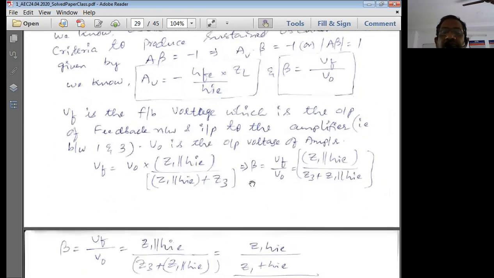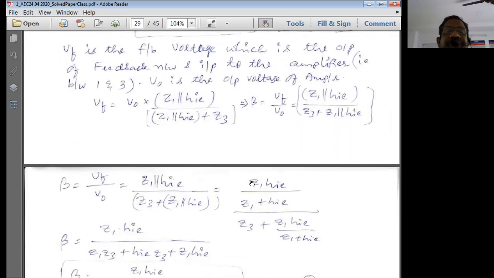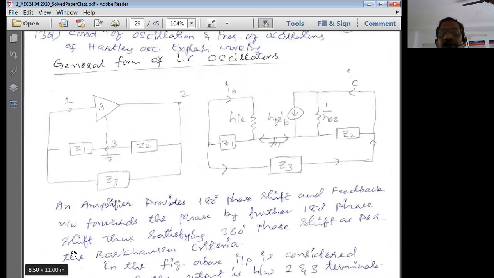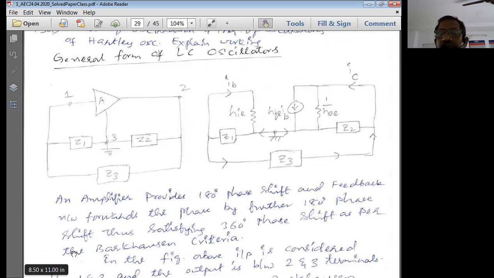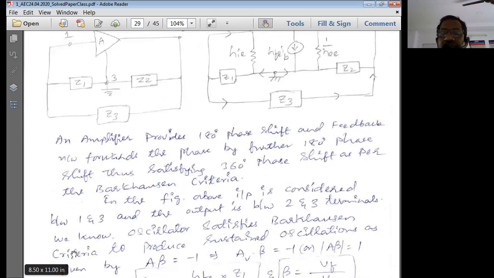Accordingly, we got the expressions for the feedback voltage, beta value, and the load resistance. We'll continue in the next session with deriving the expressions for the condition of oscillations and the frequency of oscillations. Thank you very much for today's session.